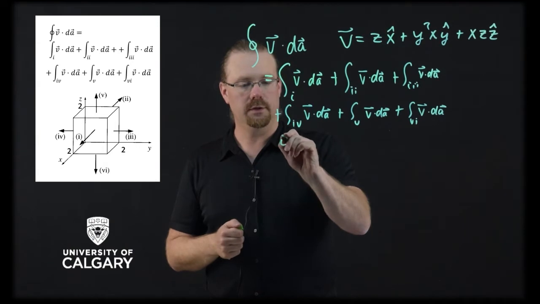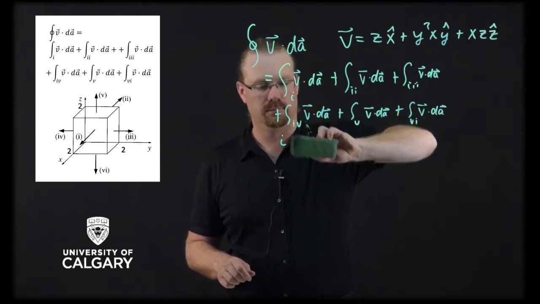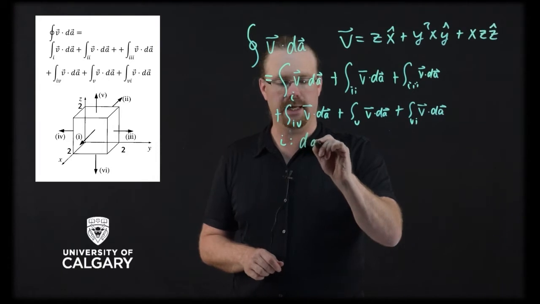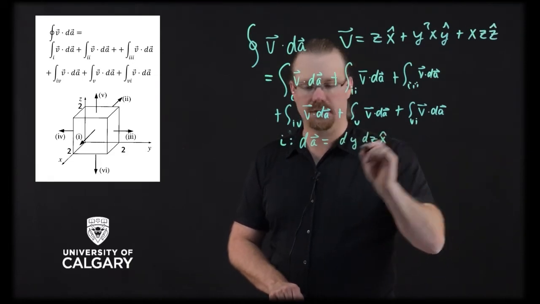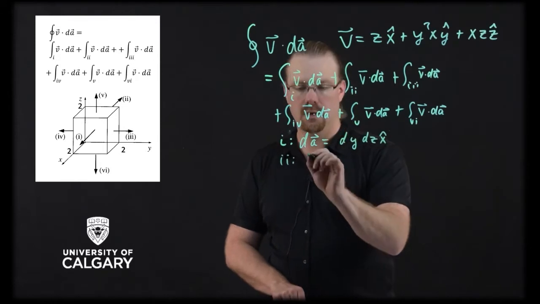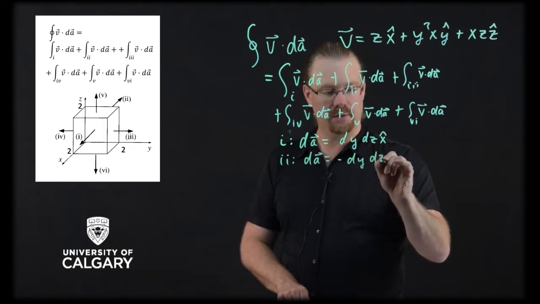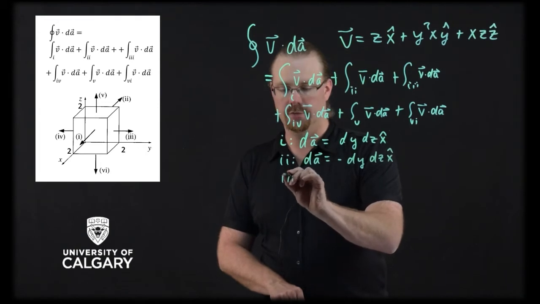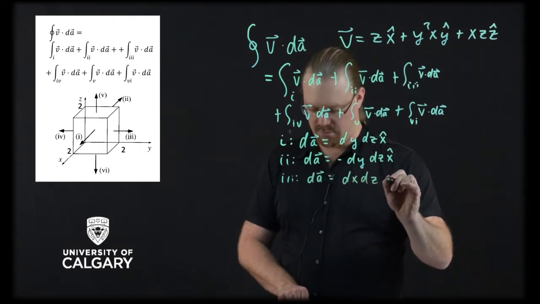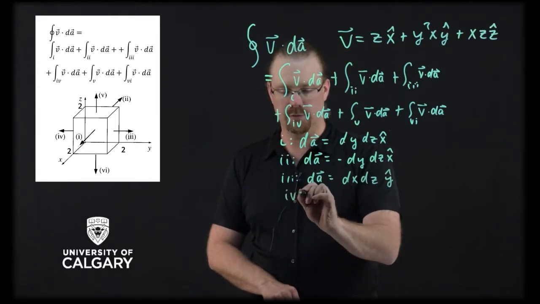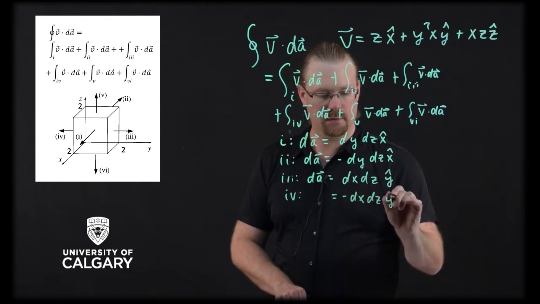Now for surface 1, dA is going to be equal to dy dz x hat, and surface 2, dA will equal minus dy dz x hat, and for surface 3, dA will equal dx dz y hat, and for surface 4, it will equal minus dx dz y hat.